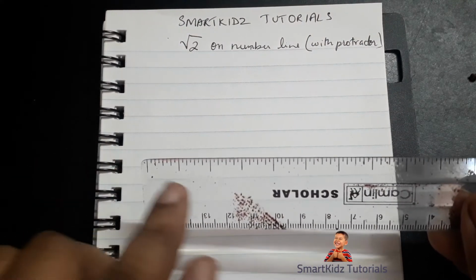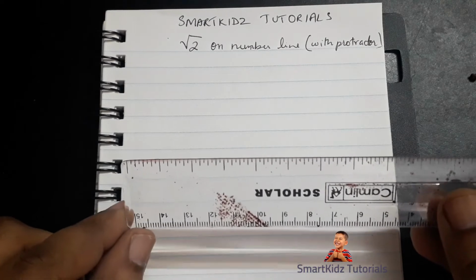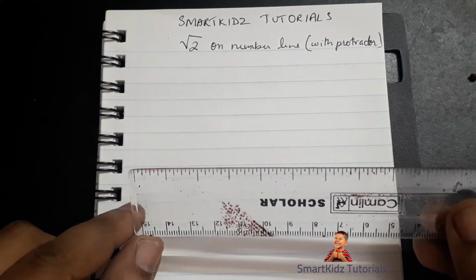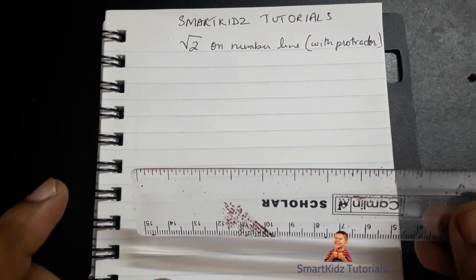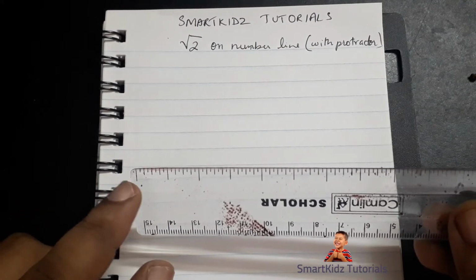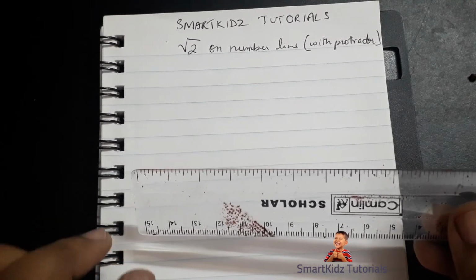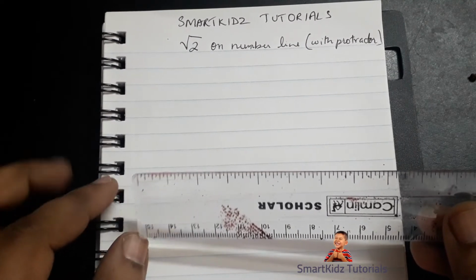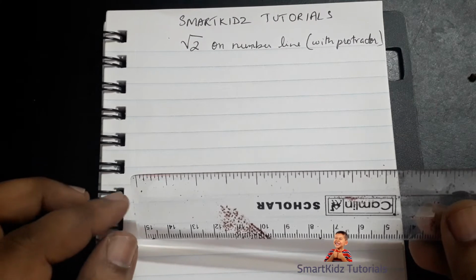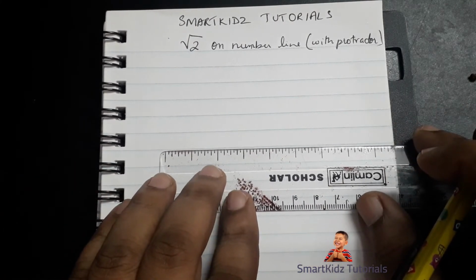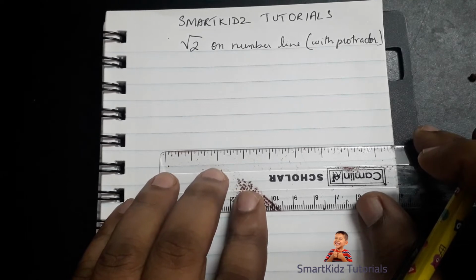Now I would be using the inches side of the scale because the figure that I would like to construct, I want it a little bit big, so I would like the units to be in inches so that they are spaced out and our figure looks a bit better, spacious. Okay, so I'm going to draw a line first.